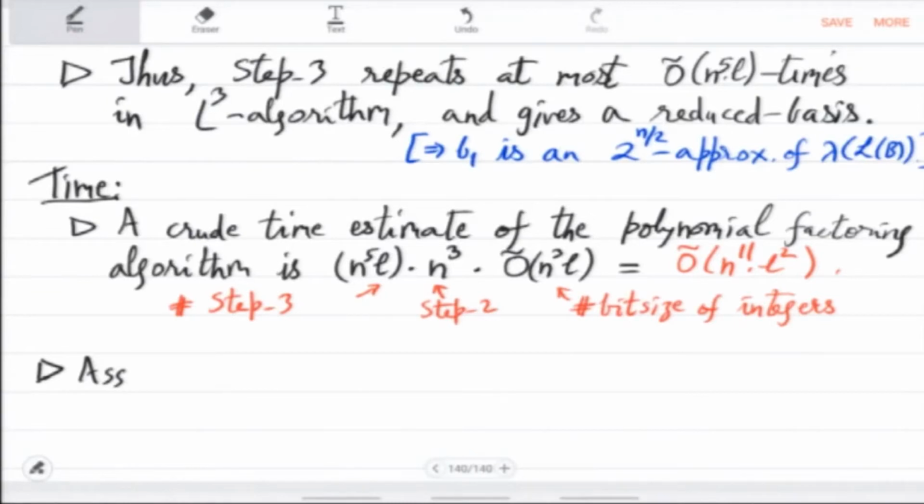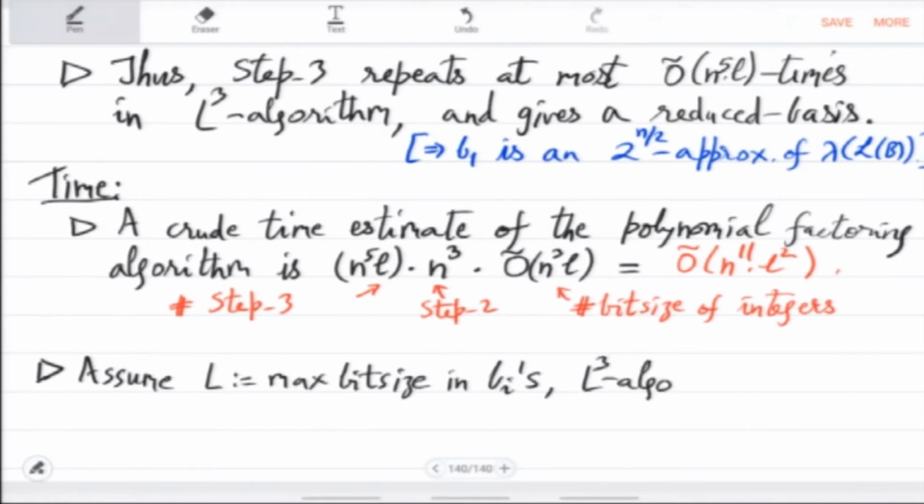So assume big L to be the max bit size in the B_i's. The L cube algorithm approximates in how much time?